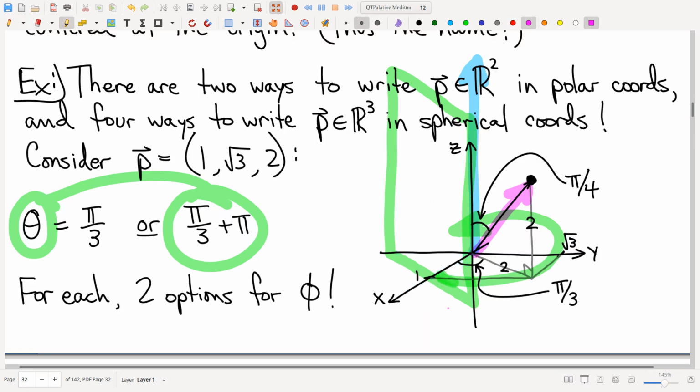Or, arguably easier, you could think of negative pi over 4 as your phi. Keep in mind now, I know that was just what I drew in the picture. That was positive pi over 4 just a minute ago. Why is it negative pi over 4 now? Because remember, phi is always measured positive toward the theta half plane.